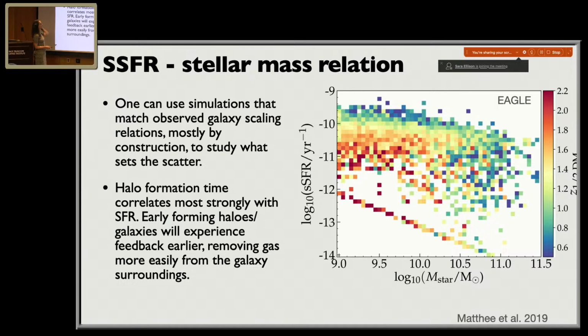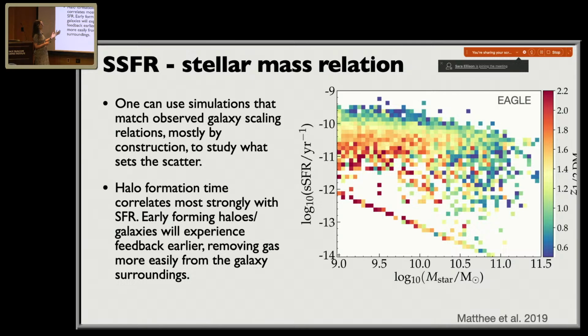So this is work by Mate et al. in 2019 using Eagle. This is the specific star formation rate versus the stellar mass, color-coded by the formation time of the halo. So it's the redshift at which half of the dark matter was assembled, the half mass time.